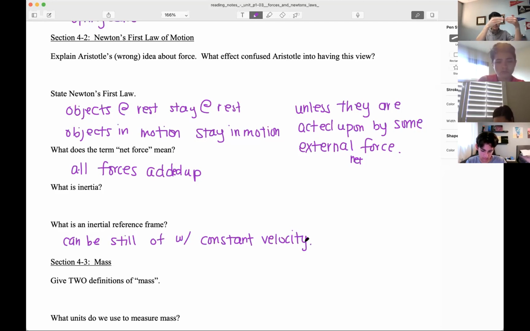Well, the boat looks like it's moving, right? That's my inertial reference frame. It's making it look like the boat's moving. But maybe I'm in the boat all of a sudden, right? Now I have a constant velocity. I'm like, well, the boat's not moving. Everything else is going backwards. So your inertial reference frame is basically where the point of view is coming from.